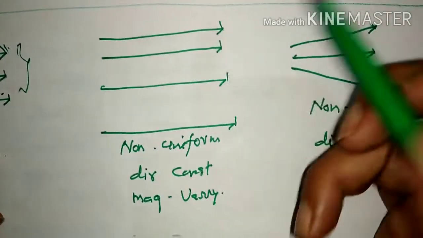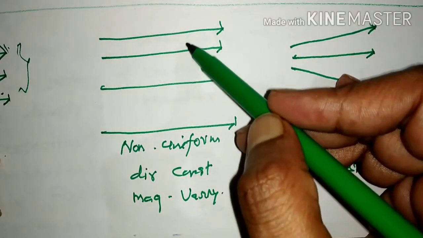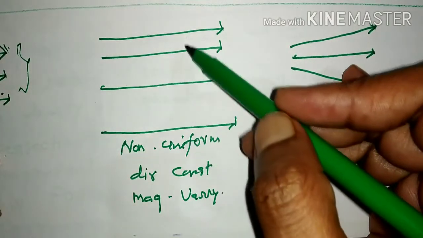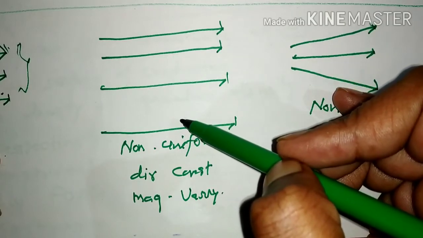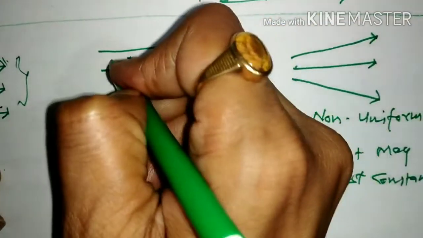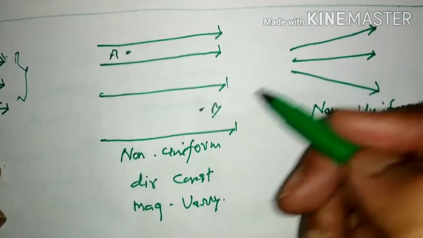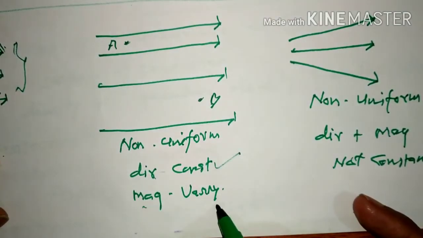Now what happens if the electric field lines are parallel, but the separation, that is the distance between these parallel lines, is not equal? They are not equally spaced. So here we will see this is the point A and this is the point B. Direction is constant, but the magnitude is not constant.